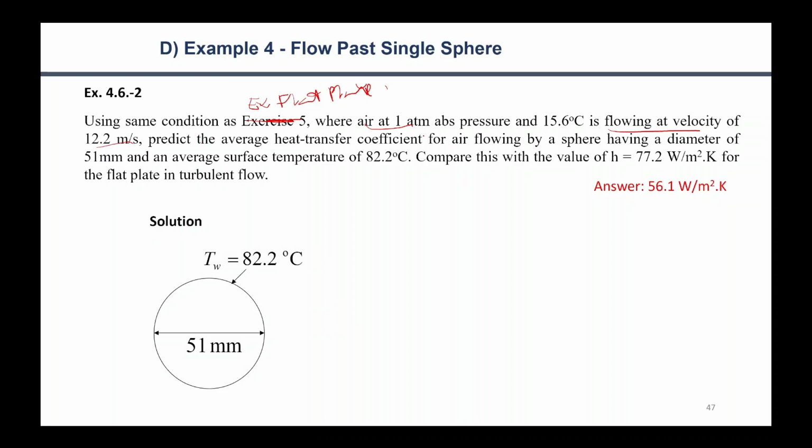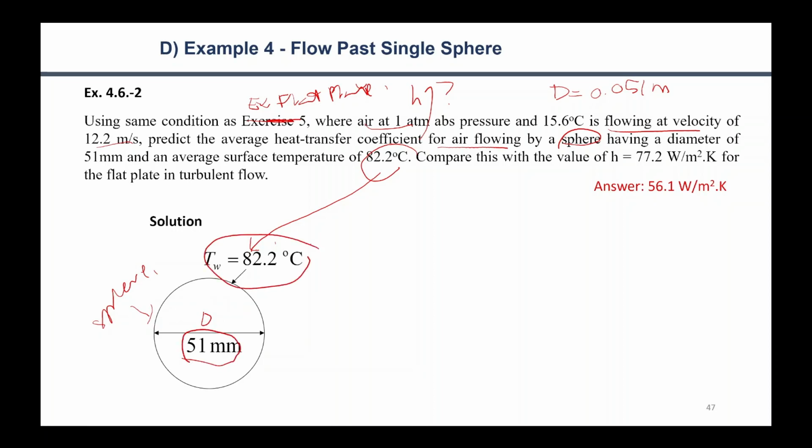Predict the average heat transfer coefficient h for the air flowing by a sphere having a diameter of 0.051 meter and average surface temperature Tw. Imagine this is the sphere, with a diameter of 51 millimeters and Tw, the wall temperature.